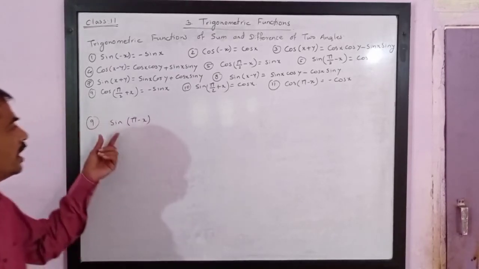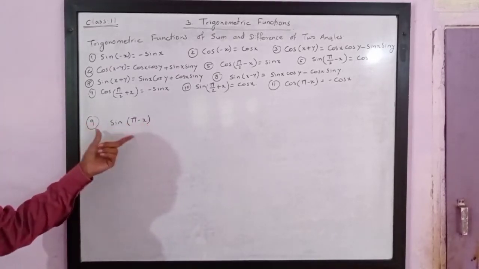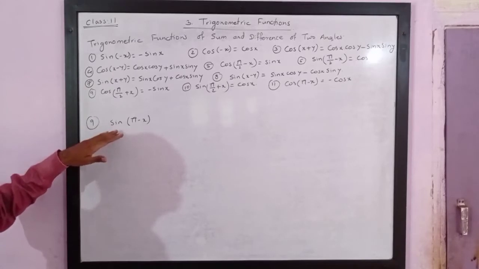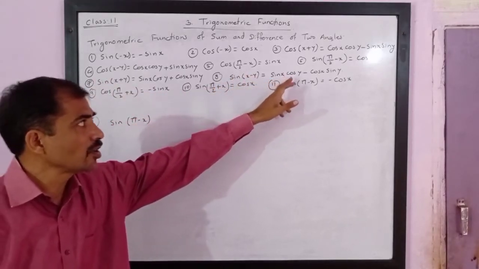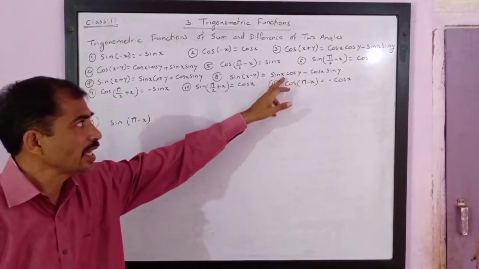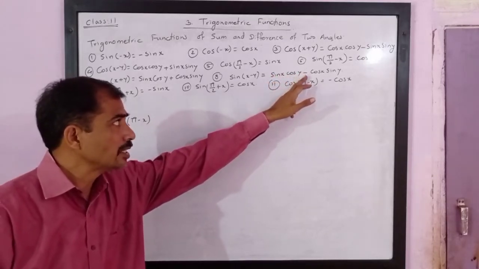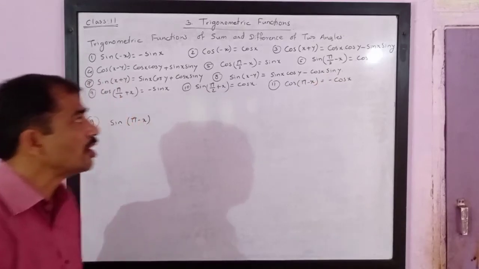Dear friends, the next identity is sin of pi minus x. For this, we are going to use the identity of sin of x minus y. Now sin x minus y is equal to sin x cos y, that is sin of first angle into cos of second angle minus cos of first angle into sin of second angle.